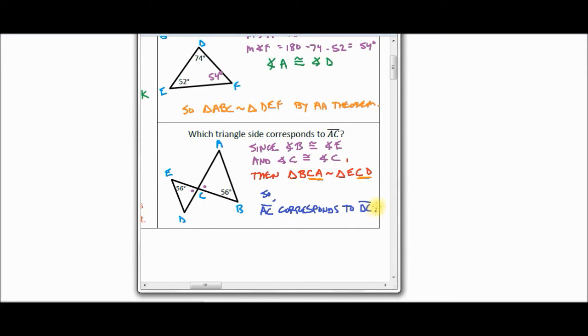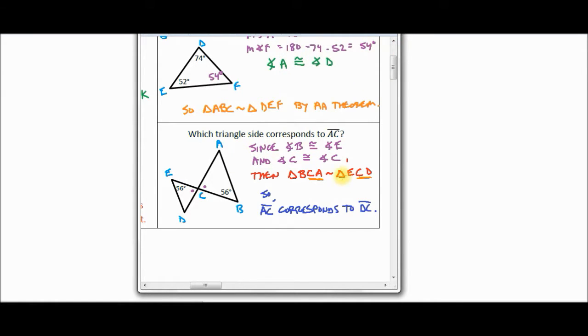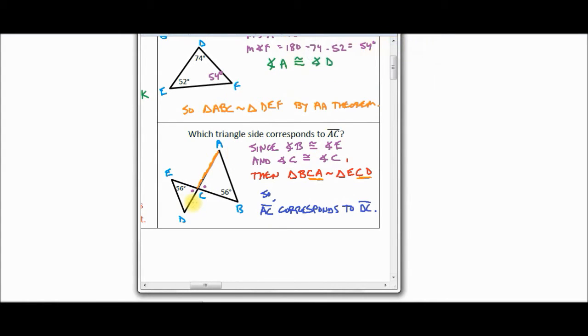Now look at our diagram, class, just out of curiosity. Look at those two sides. I'm going to highlight those so you see them. AC is right here. DC is right here. So these two sides are actually the sides that are proportional. Most of us want to say it's going to be AC and EC, but it's not true.